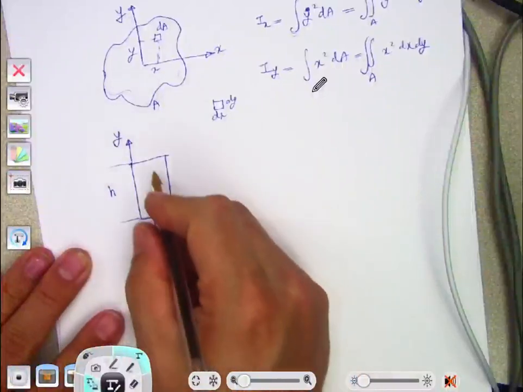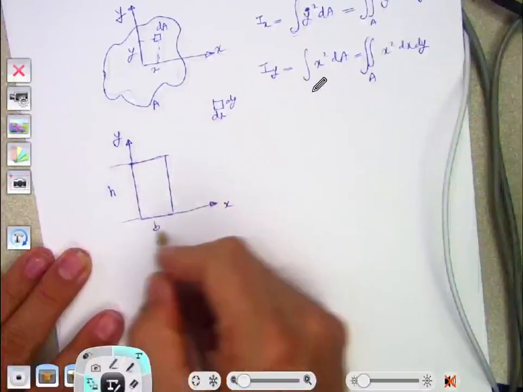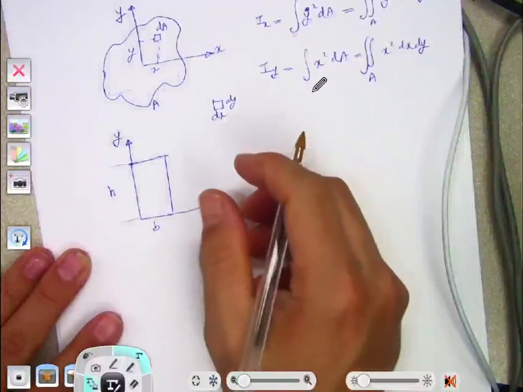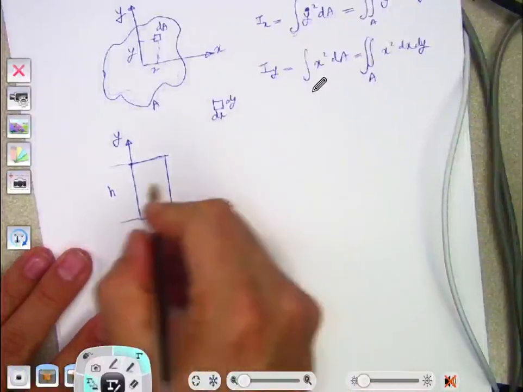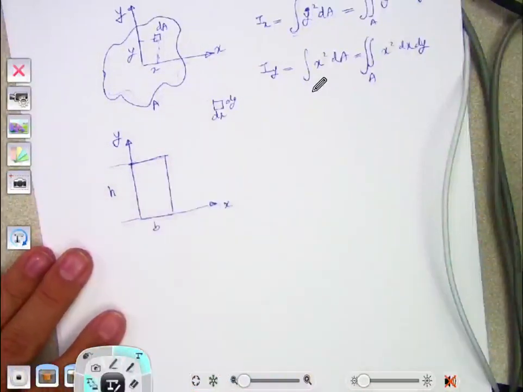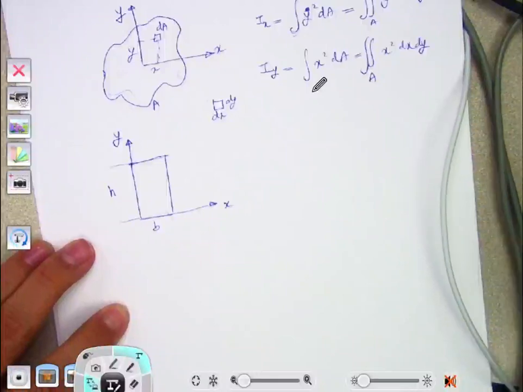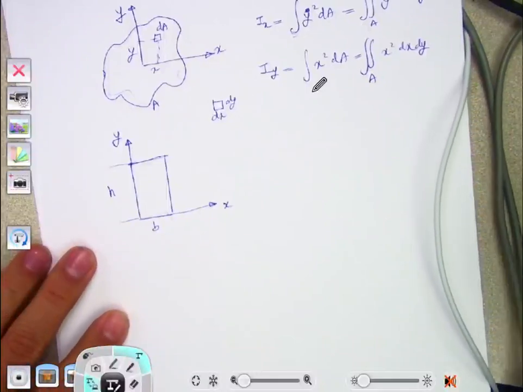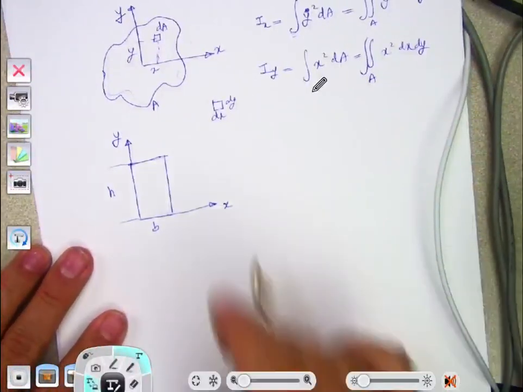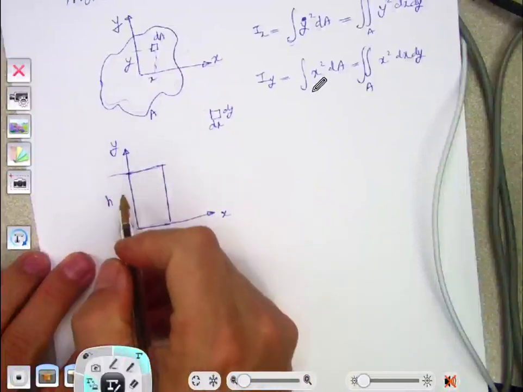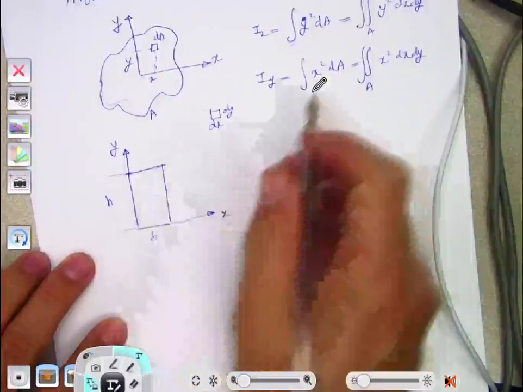We want to find the moment of inertia of this rectangle about the x-axis. How do I find it? To find this, you don't need to find Ix using double integrals.